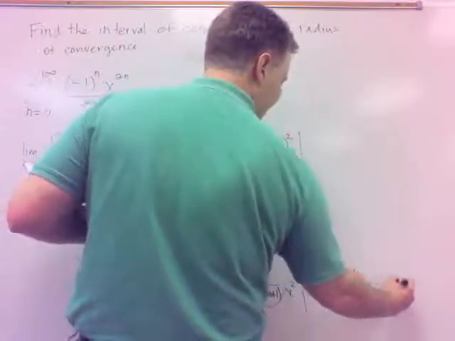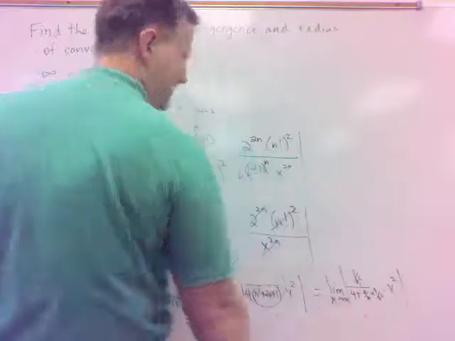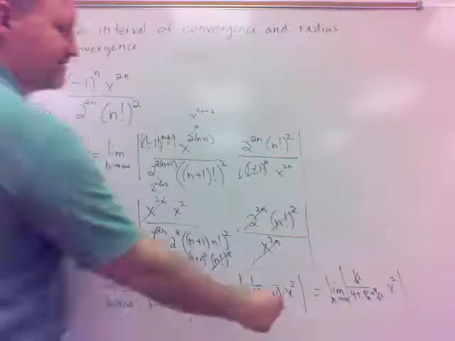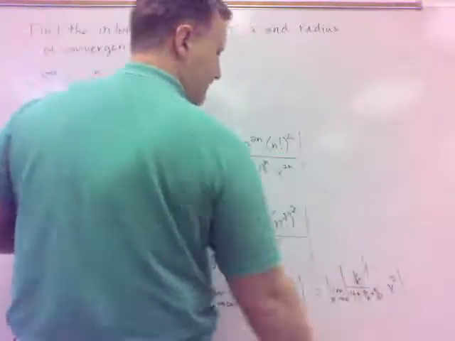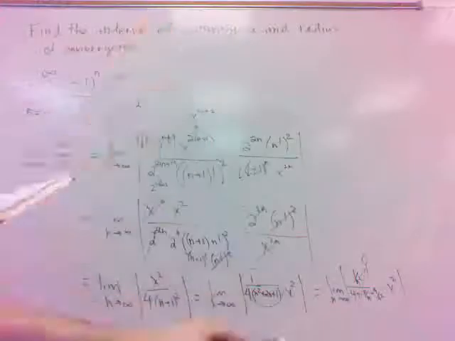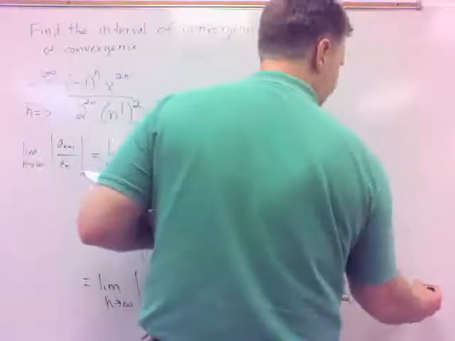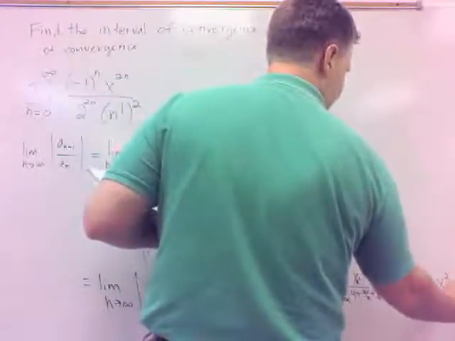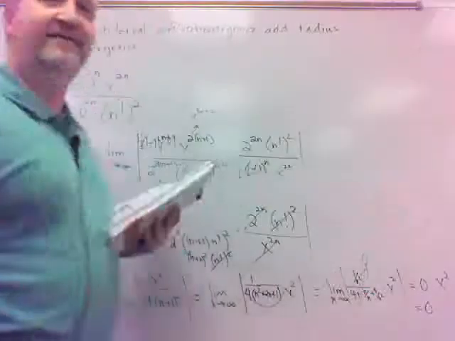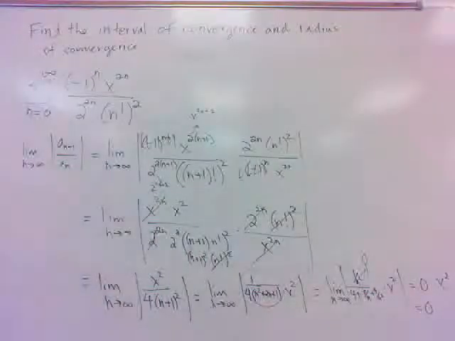Okay. Yeah. This term's going to 0. So I have 0 times x squared. What is that telling me?